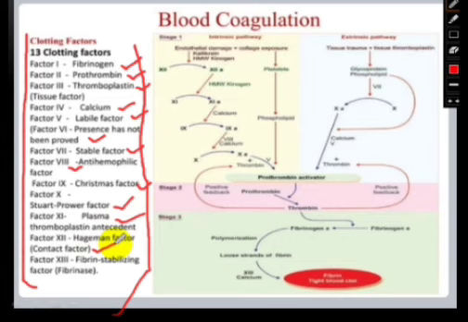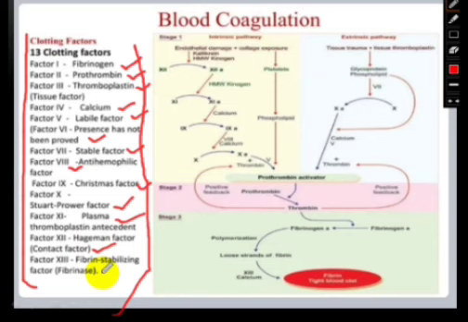Factor 12 is what? Some of you have serious problems of reading and pronunciation.